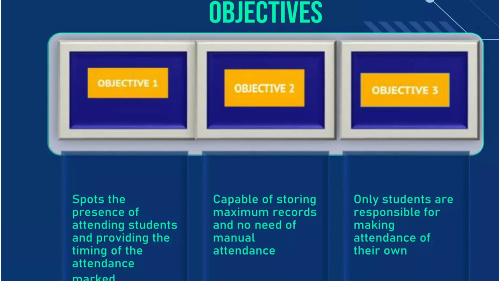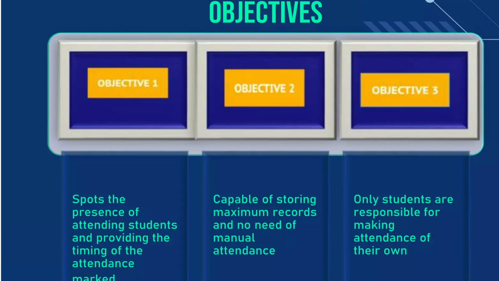As I said, as soon as the student enters, on the spot he can mark the attendance, and the more important thing is that the time will also be marked, which is very important when something fraud happens. The timing and the face recognition are very helpful to find the thief, or someone who has done the fraud.